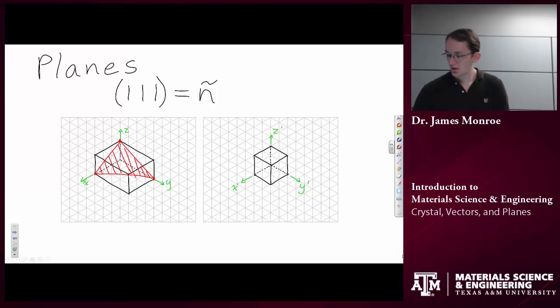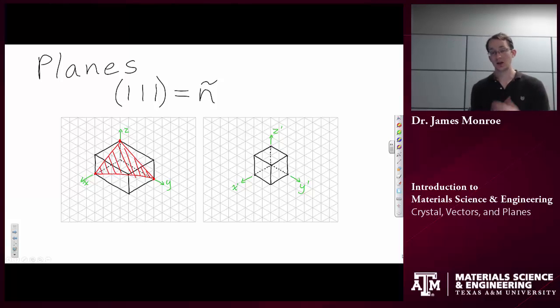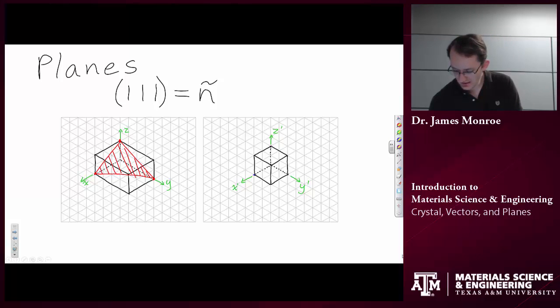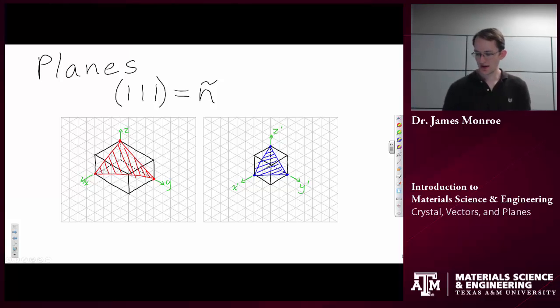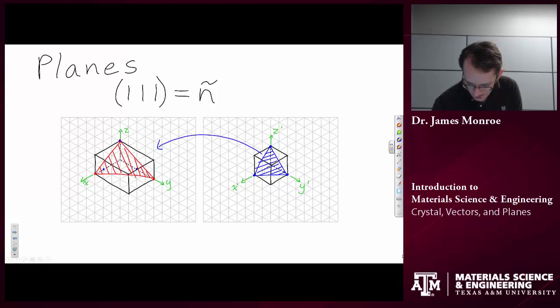Now if we drew the 1, 1, 1 plane in the cubic system, it will intersect the x-axis at 1 unit cell distance, the y-axis at 1 unit cell distance, and the z-axis at 1 unit cell distance. So if we draw the plane for this 1, 1, 1 normal vector, we'd see that it's this plane right here. And to show you, if we take this blue plane and superimpose it onto here, it would go between here, here, and here.